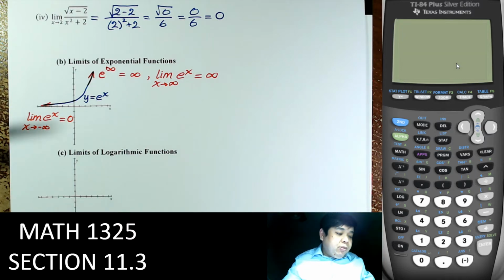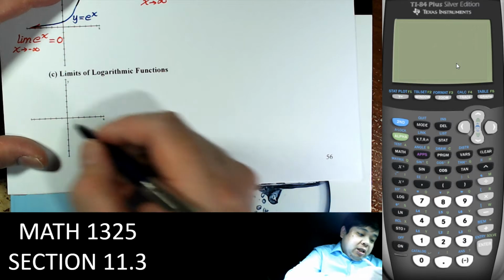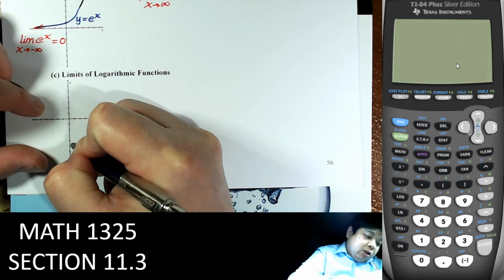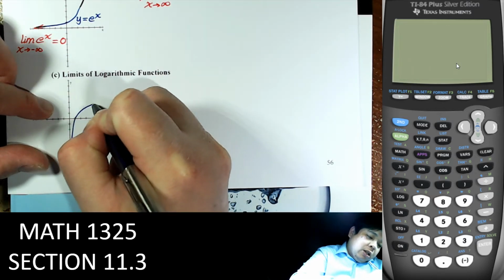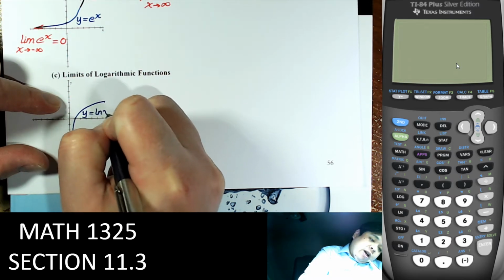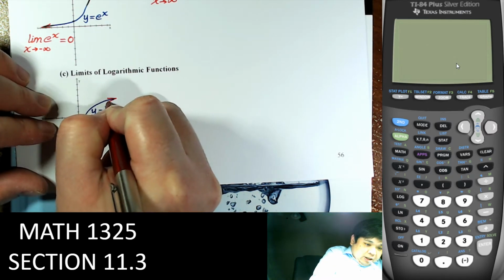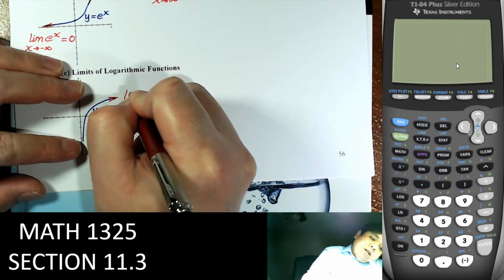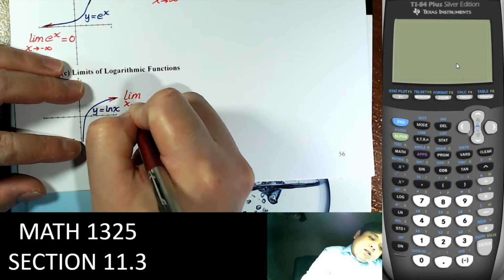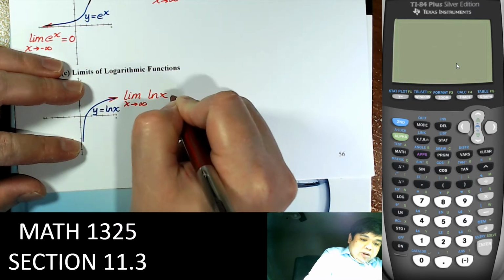Focus on an exponential function. And the logarithmic function is the inverse of exponential function. So it goes like this. Natural log of x. And we have limit as x goes to infinity of ln of x. We go to infinity.